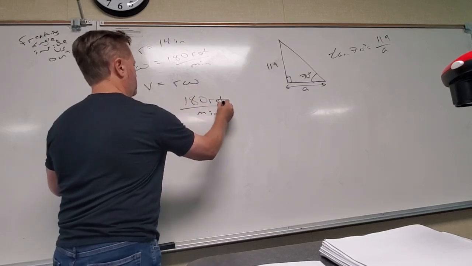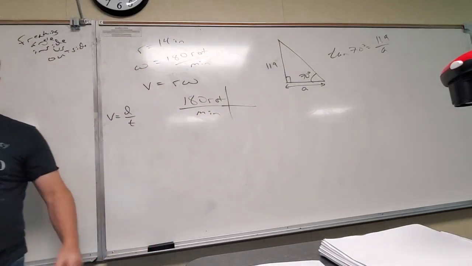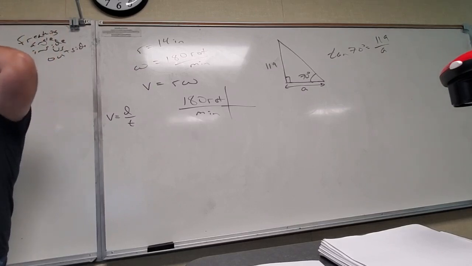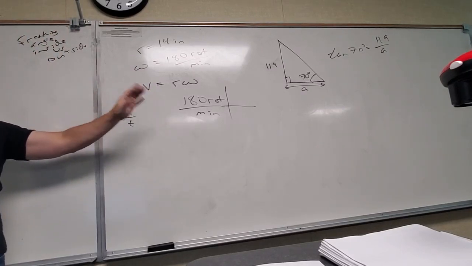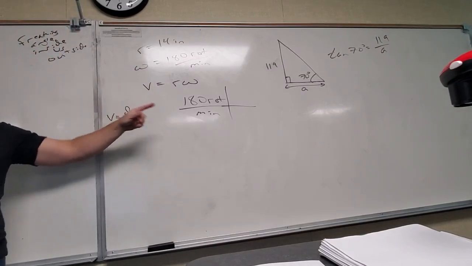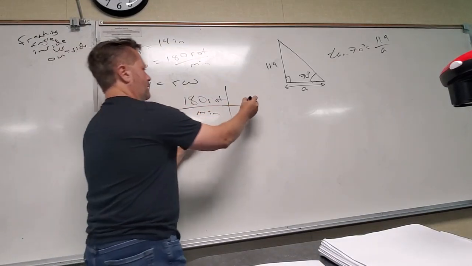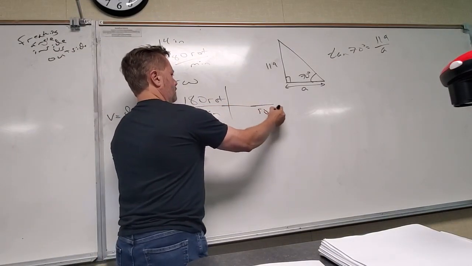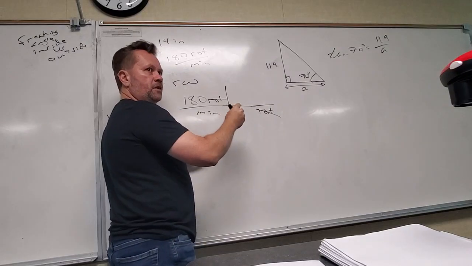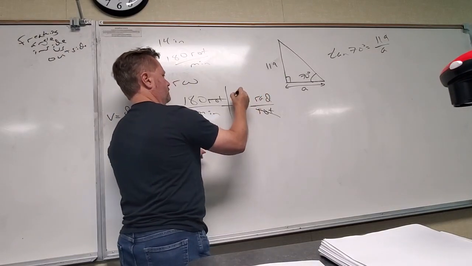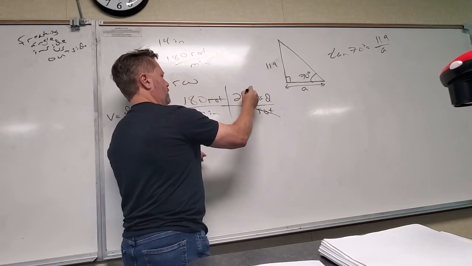So this is how you do it, right? Anytime you have a unit you don't want and you want to replace it with a different unit, you can do this. It's very direct. I don't want rotations, so how do I kill it? Put the rotations on the bottom. And you told me how many radians per rotation? 2 pi. Okay.